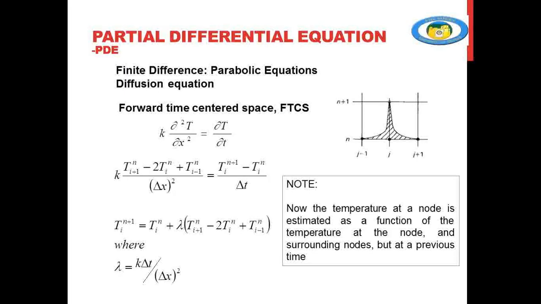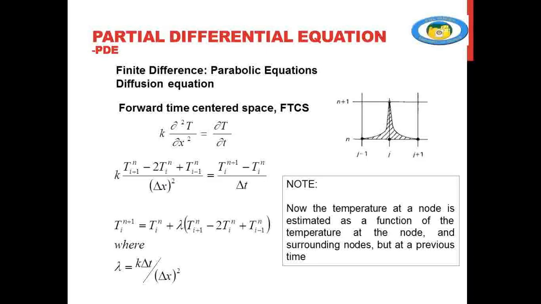So what we are looking for is the unknown time level, using the known time level. Since all the partial derivatives are expressed at the known temporal level n, we say this scheme is an explicit scheme.